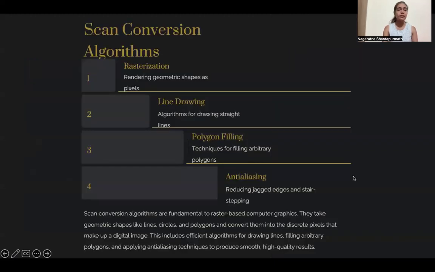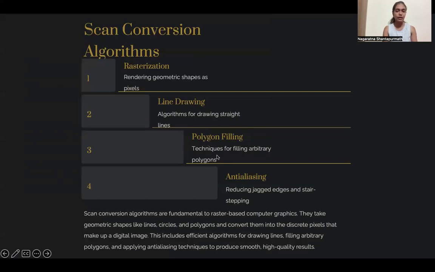The scan conversion algorithm consists of four main algorithms, those are rasterization, the line drawing algorithm, the polygon filling algorithm, and anti-aliasing. In rasterization, we discuss shapes as pixels, and the line drawing algorithm is all about drawing straight lines.